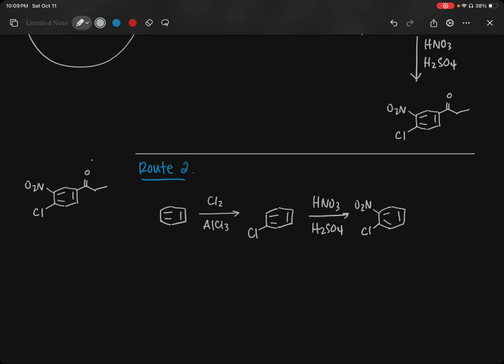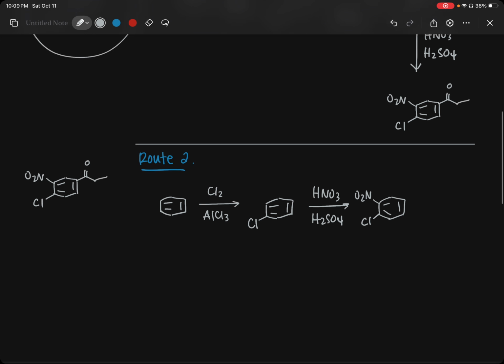Okay, and then the last remaining thing is the acyl group. So the acyl group is para to the chloride. That's good because the chloride is an ortho-para director, so it'll direct to that position. And it is meta to the nitro group. And again, that's good because the nitro group is a meta director, so we've got both groups pushing any incoming substituent to that position.